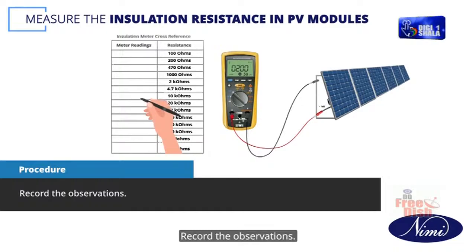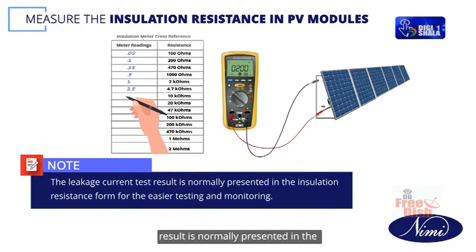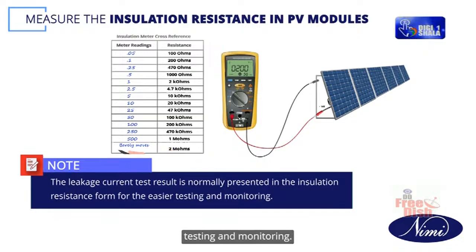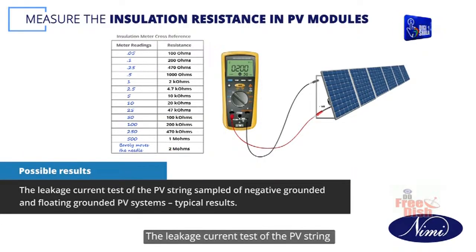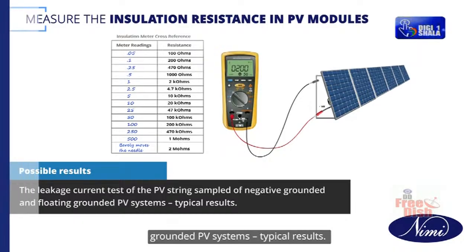Record the observations. Please note that the leakage current test result is normally presented in insulation resistance form for easier testing and monitoring. Possible results: the leakage current test of the PV string sampled of negative grounded and floating grounded PV systems. Typical results.